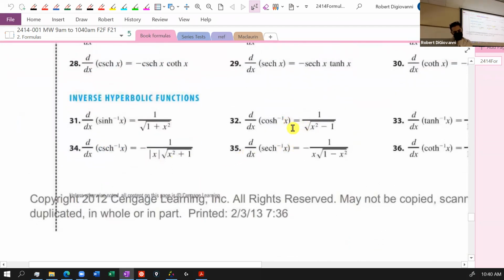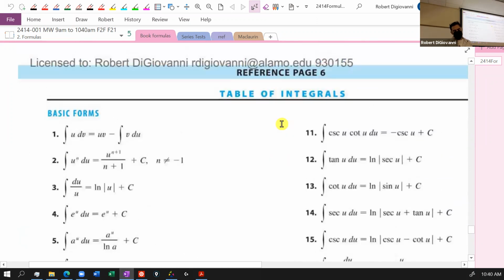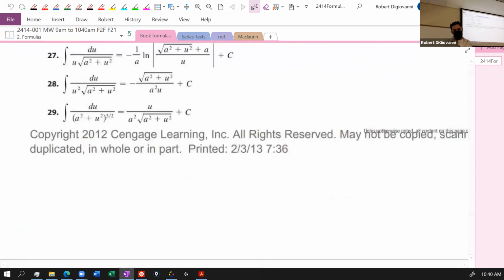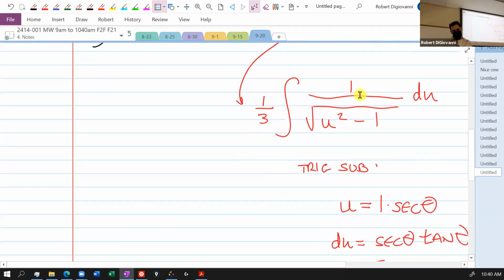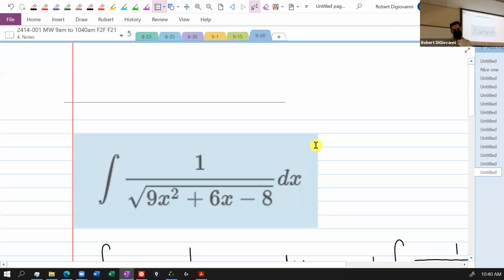That one right there. I would be okay with you using that. Yeah, you could just go straight back to this. But it would not hurt you to run through it. It's not too bad from here. The hardest part is getting it to this, completing the square and doing all that.